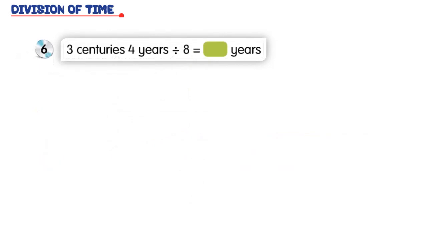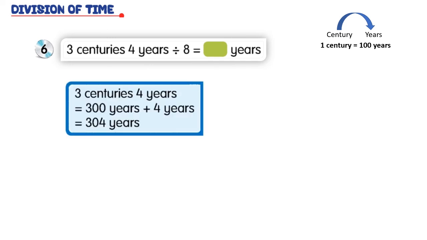Now look at question number 6. This one is still involving centuries and years. Again, look at the tips here. 1 century is equal to 100 years. Look at the question carefully because the answer is in years. So what you have to do is convert centuries to years.